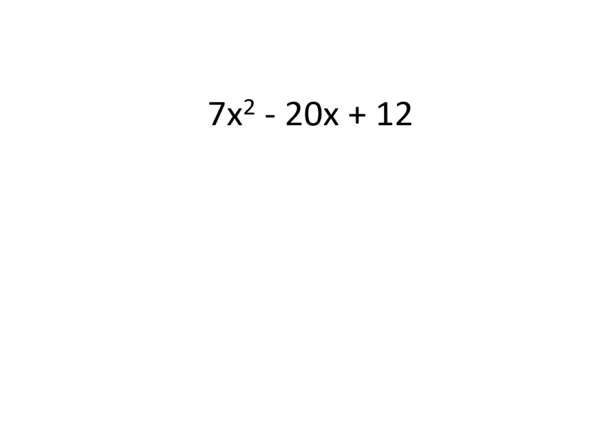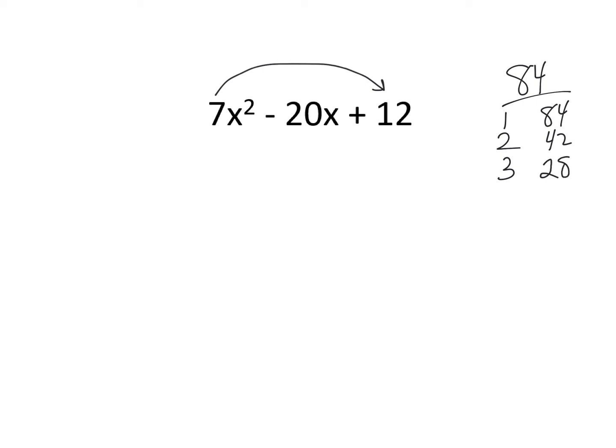All right, here we go. 7 times 12 is basically what I'm doing. I'm going to get an 84. So that's 1 and 84, 2 and 42, 3 and, let's see, 28, 4 and 21, not a 5, 6 though, yes, 6 and a 14, 7 and 12, 8, no, 9, no, 10, no, 11, no. Okay, I'm done.